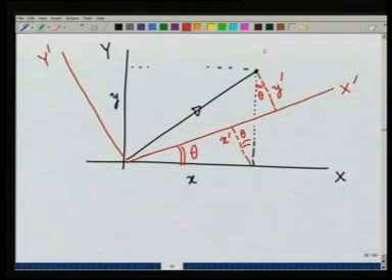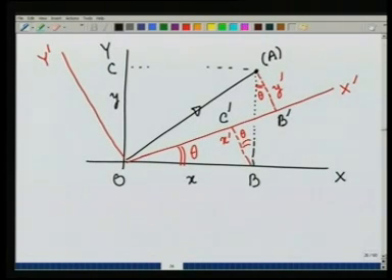Let this point be A, B, C, this is the origin. Let this point be B prime, let this point be C prime.